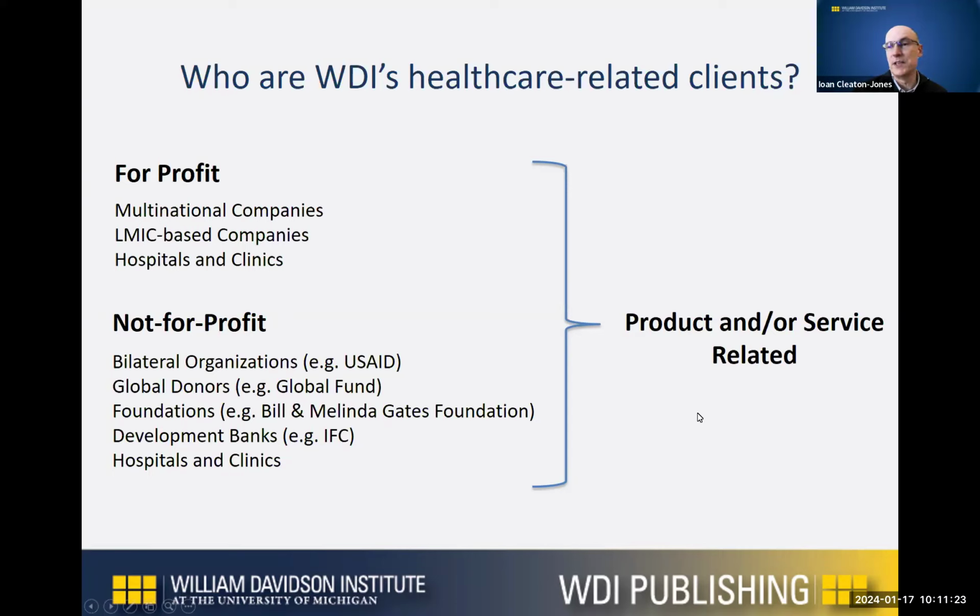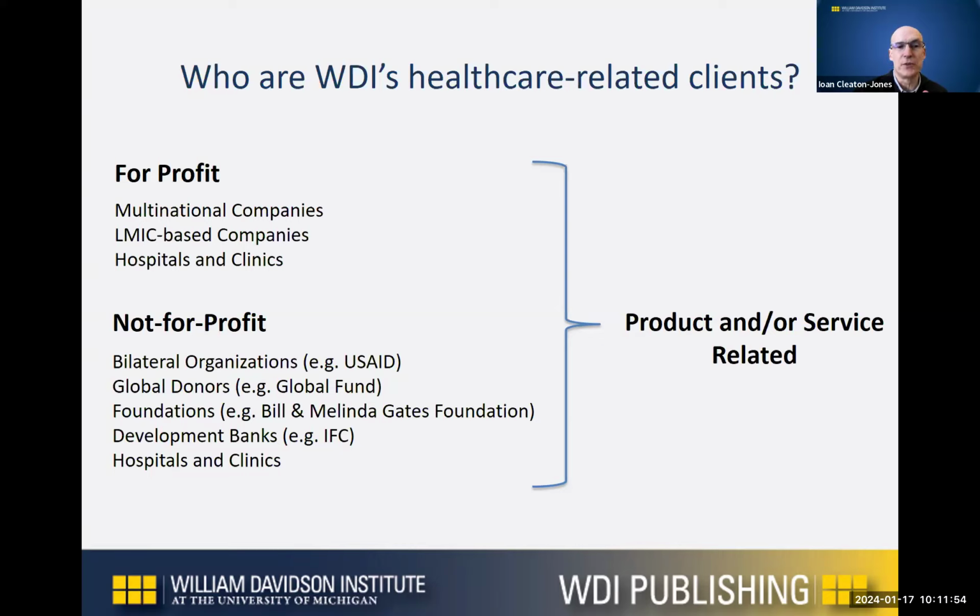And many of them are hospitals and clinics, but some of them are medical equipment suppliers, banks, and so forth. We also have not-for-profit clients, and these include both bilateral and multilateral organizations, so USAID, and groups like International Finance Corporation, that's part of the World Bank.